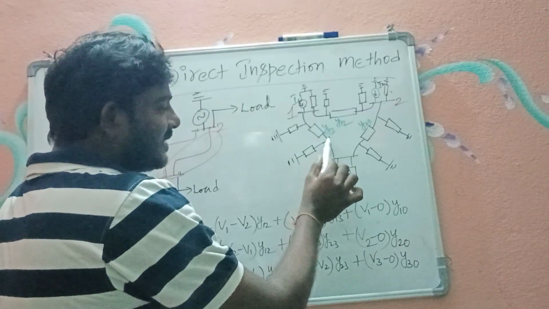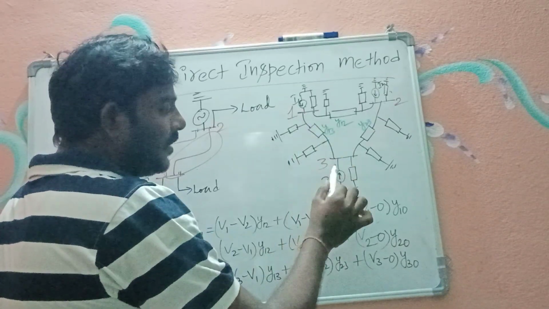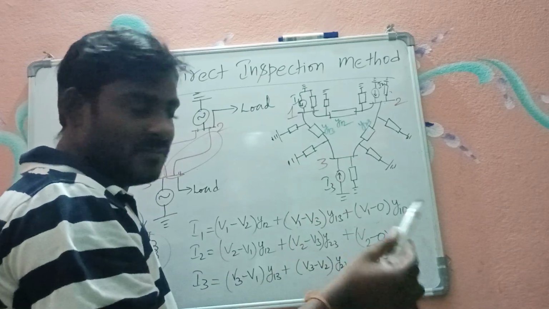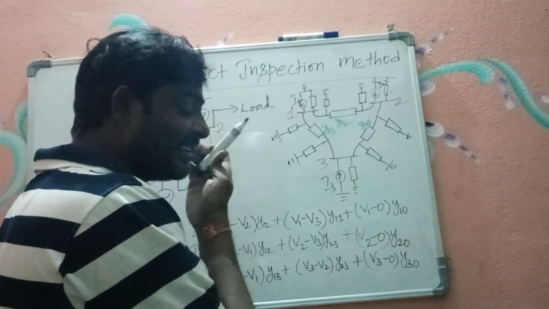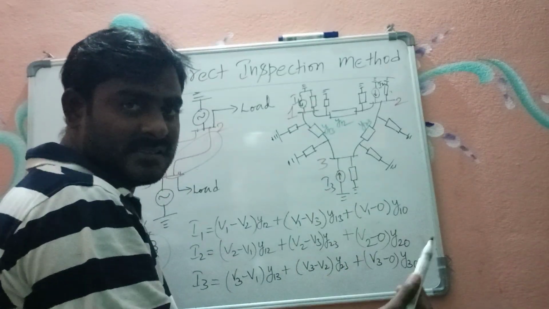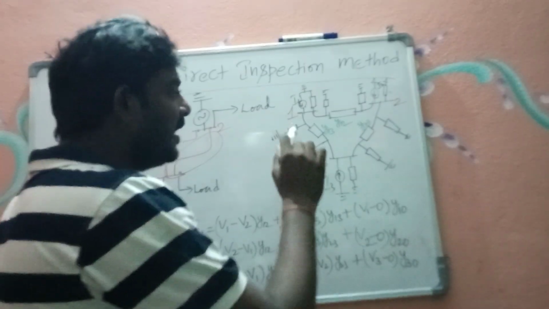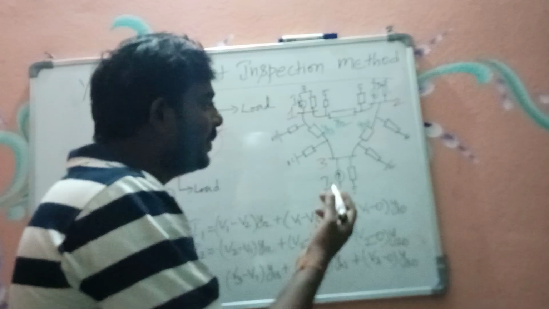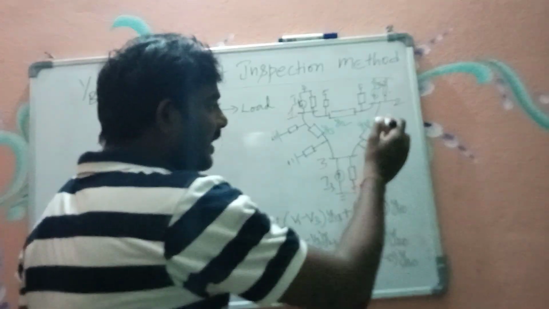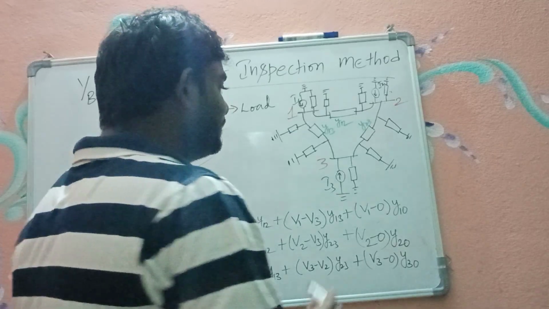Similarly, the series impedance connected between 1 and 3 gives Y13, the admittance from 1 to 3, obtained from the series impedance. If you know the impedance, you can find the admittance easily by taking its reciprocal. Similarly, you have this as the admittance.